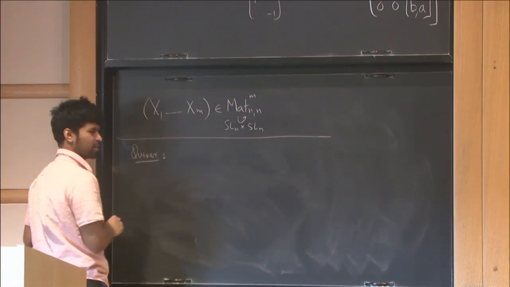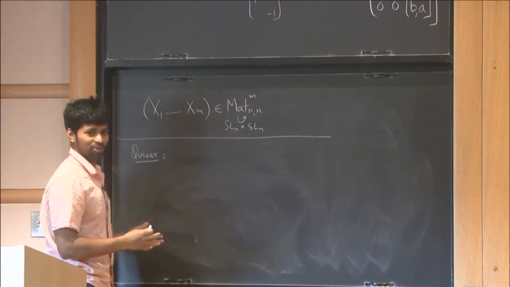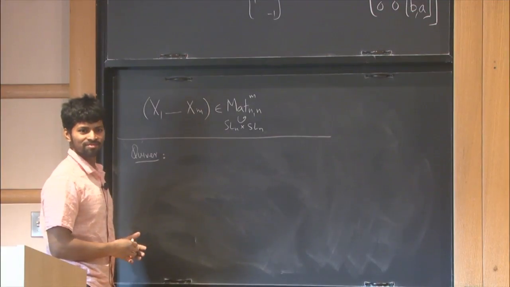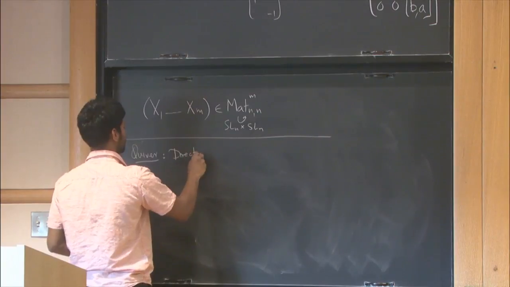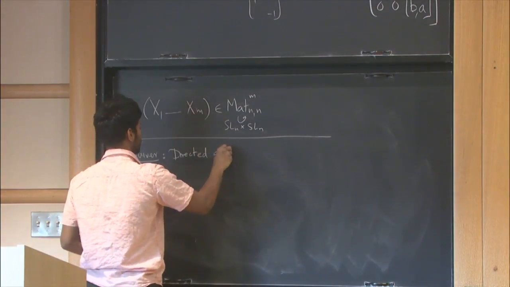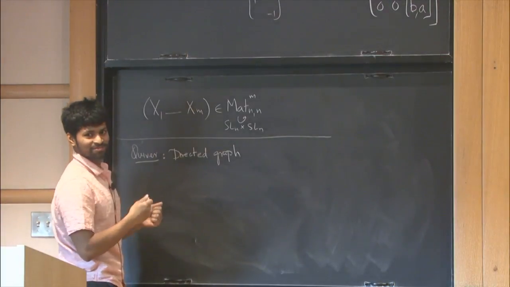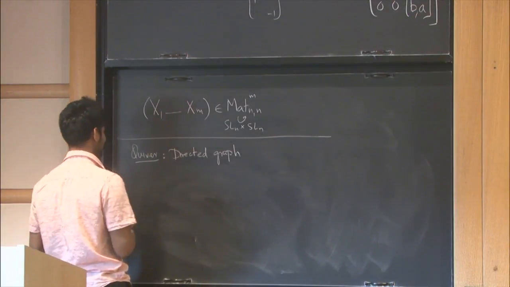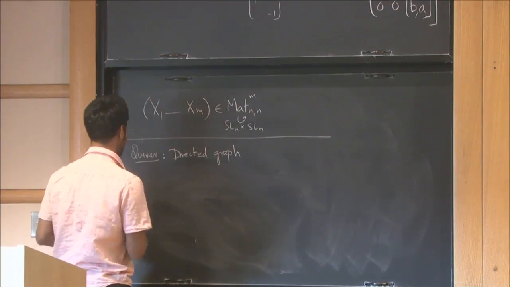It's something that I claim all of you know by different terminology. It's a directed graph. A quiver is a directed graph, a bunch of arrows. People know the English meaning of the word quiver, right? It's a bunch of arrows.